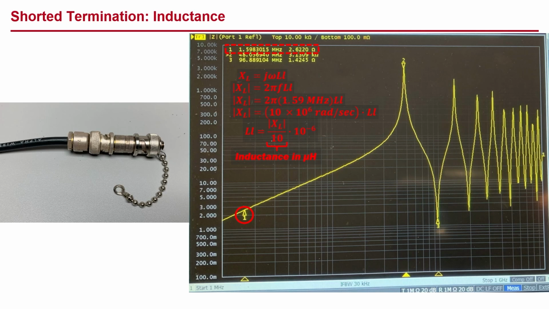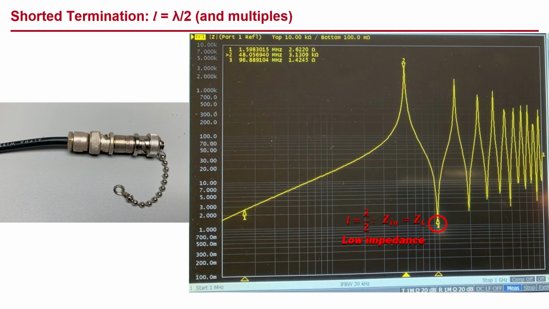Our measured reactance at 1.59 megahertz is about 2.62 ohms, which gives a total inductance of 262 nanohenries. For our 1 meter cable, that gives 262 nanohenries per meter. This is within 5% of our predicted value of 250 nanohenries per meter, which provides good agreement.